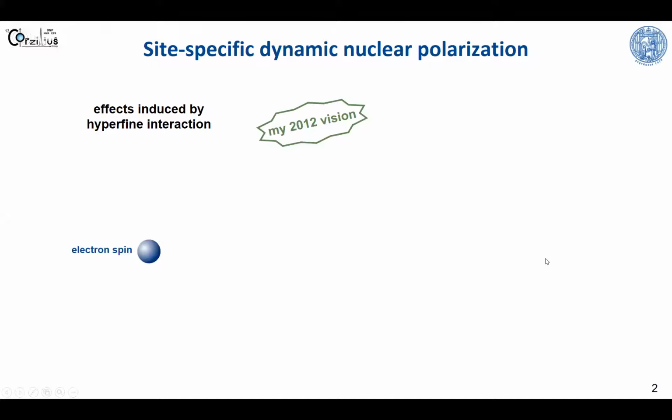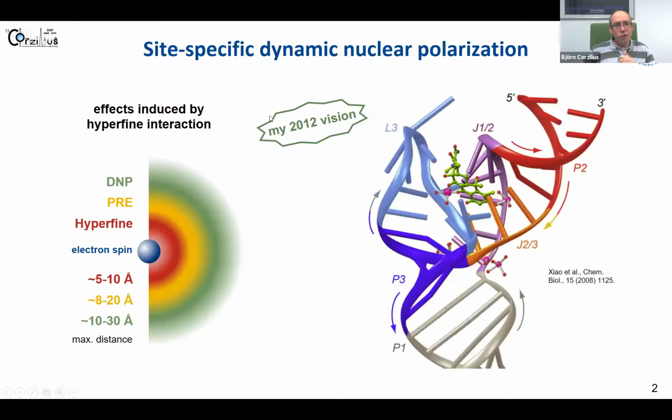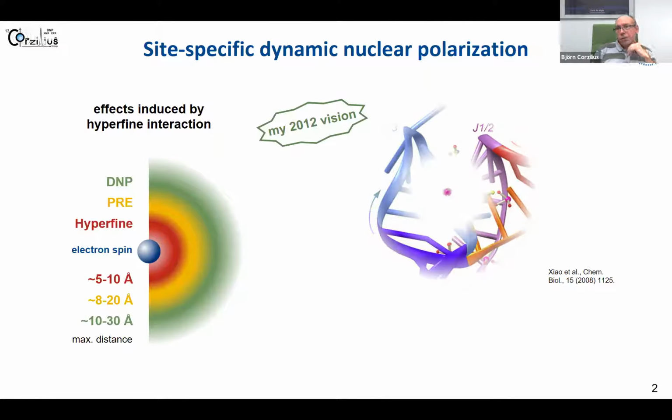Okay, long story short, the idea is that we have a localized electron spin, for example an endogenous metal ion, and this would induce a certain interaction around it due to hyperfine interaction. If we can use direct DNP, it would be possible to highlight a certain sphere around the metal ion.